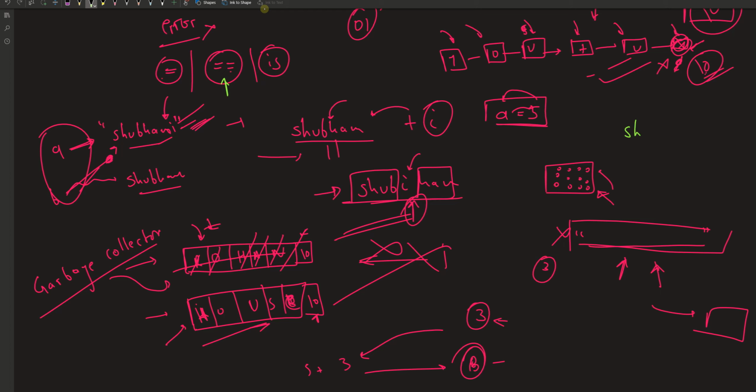So for example, if you check Shubham, it's going to say true. And the is operator, since we have our two references A and B, checks the references, not the value. Are they referring to the same memory location or not?